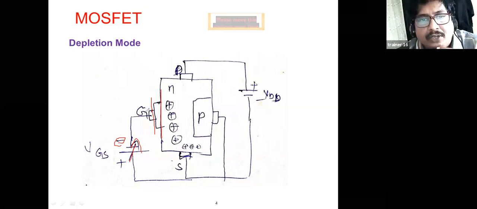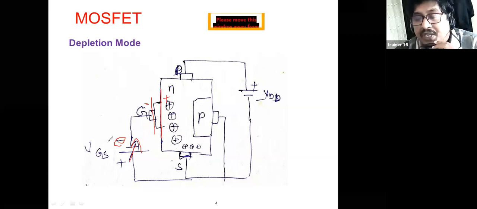Thereby, this side, the gate plate, is negative. The other side develops positive, right? If you increase this gate to source voltage, the variable regulator, if you increase the negative voltage, what happens? On the other side of the plate, the positive charges increase. The positive charge increases more, and it depletes here. This is N type. All of you know this is N type in the MOSFET construction.